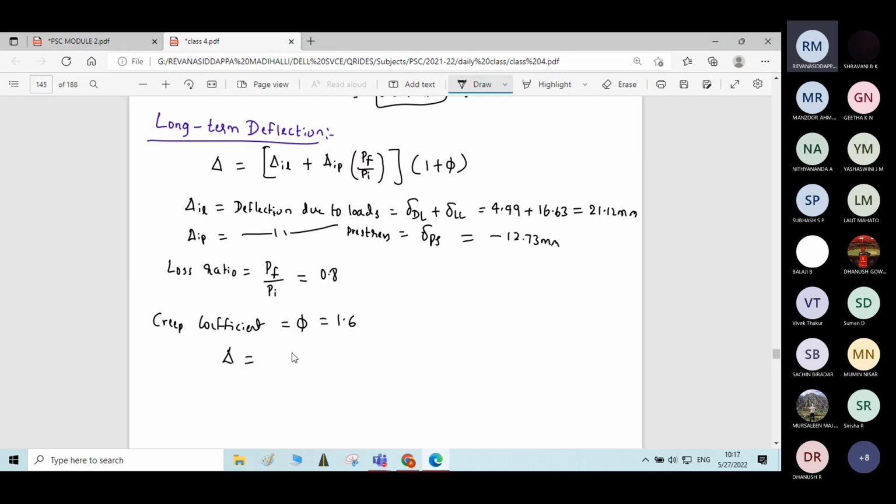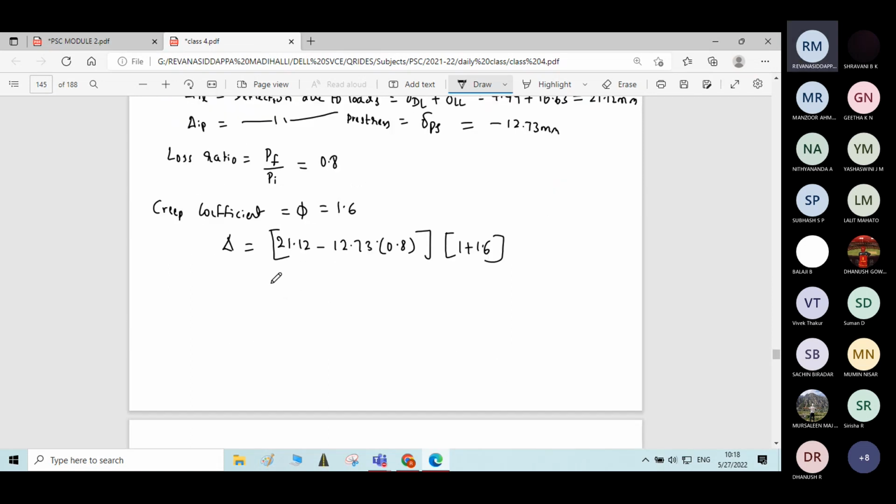Delta is equal to delta IL, 21.12, plus delta IP, which is minus 12.73. Let me change the sign here. Minus 12.73 into loss ratio 0.8 into 1 plus pi, 1 plus 1.6.